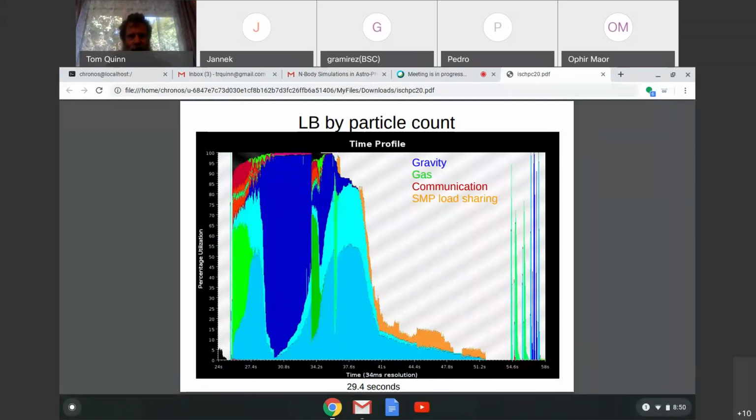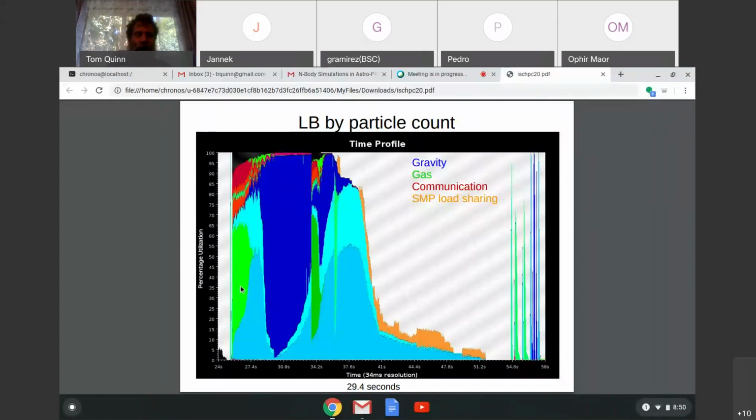This was run on a few hundred processors, and as a function of time, it shows the different components of the calculation, color coded. The generally blue colors are gravity. The greenish colors are the gas dynamics. The red is communication. So it turns out that gas dynamics is rather computationally intensive compared to its communication.